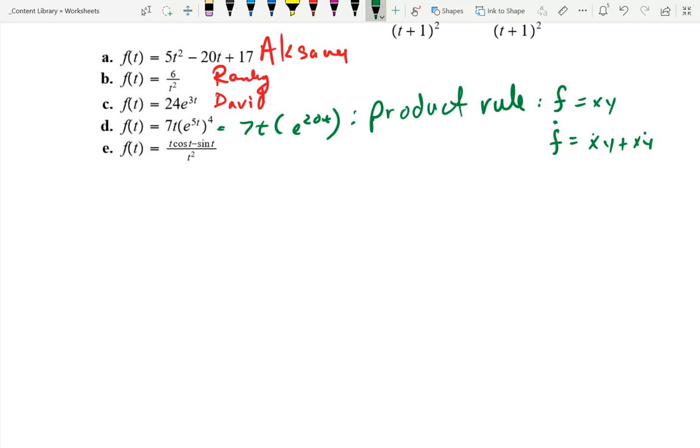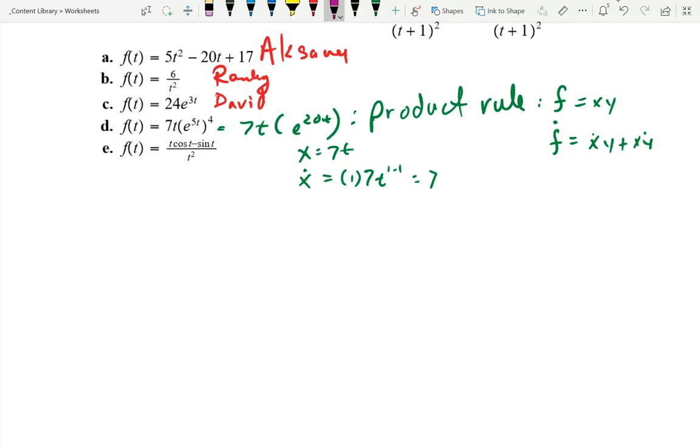So then I'm just going to say, and I'm going to do this all long form, x dot. x is equal to 7t, so x dot is equal to 1 times 7 times t to the 1 minus 1 equals 7.